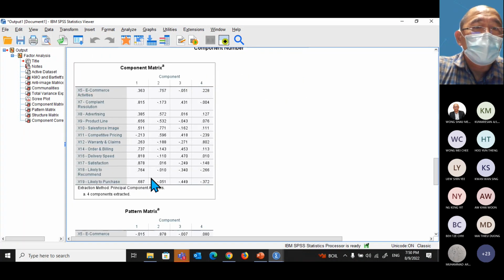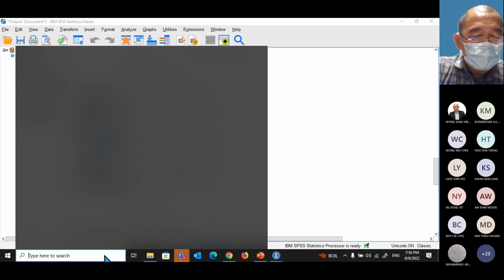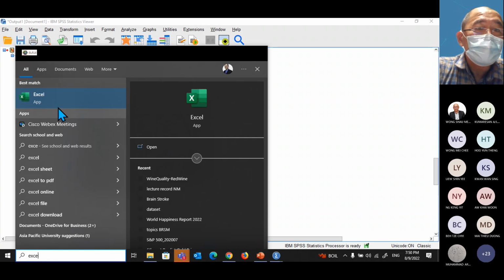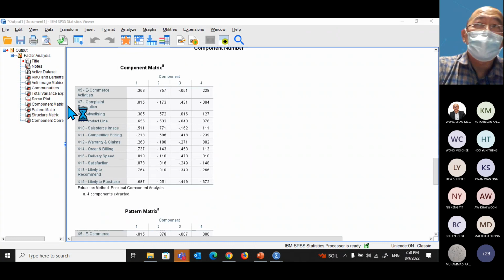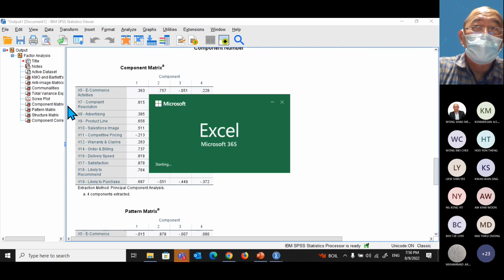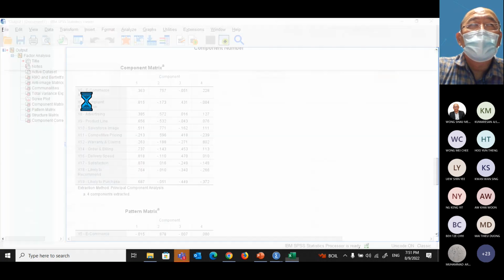Actually, 4.79 is the sum of squares. We can do it now. So how do they compute 4.79? Is it your question? Okay, we see this now. Component 1.